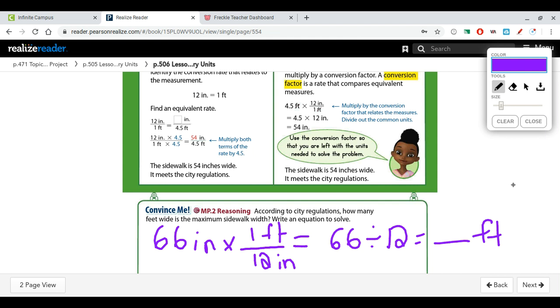So again, I don't necessarily use this conversion factor when I do my conversion, but it's something that you just need to be aware of moving forward within this topic. The fluency piece really is going to be, can you multiply or divide by your correct conversion factor? So when I do 66 divided by 12, I end up with 5.5 feet. And so the maximum sidewalk width is 5.5 feet.